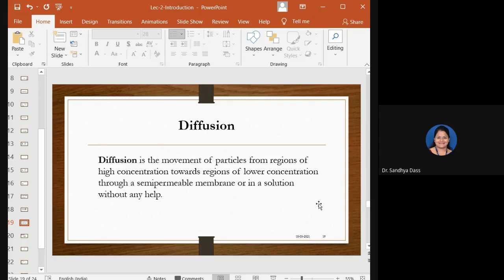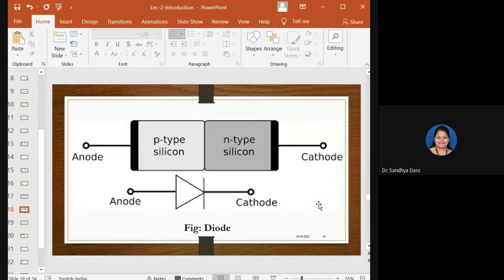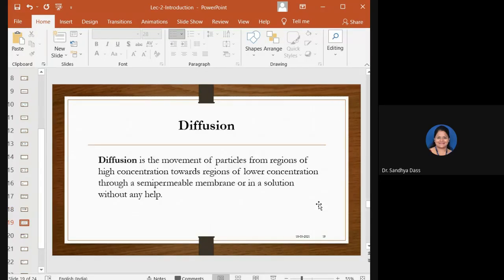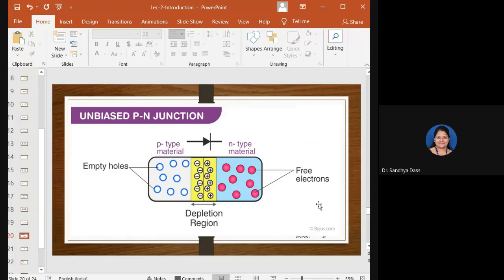Because of this diffusion process, when p-type and n-type materials are brought together, holes from the p side diffuse into the n side, where they recombine with the free electrons. Free electrons from the n side diffuse into the p side, where they recombine with the free holes.